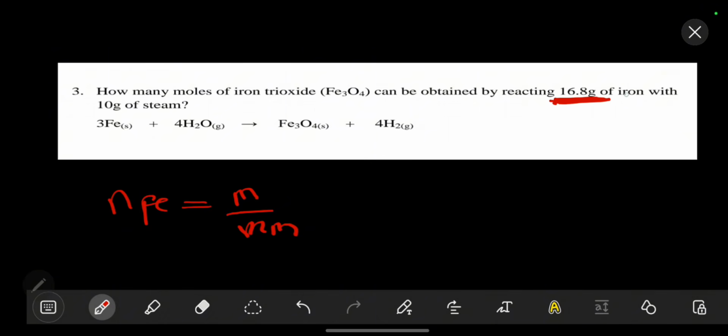Our mass of iron, according to what we have been given, is 16.8 grams. We divide by the molar mass, which is the mass of 1 mole of the substance, for iron 55.85.